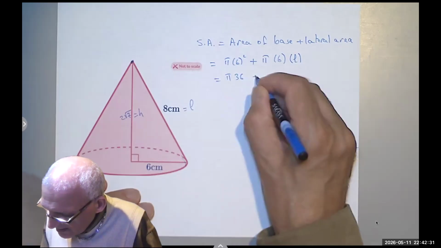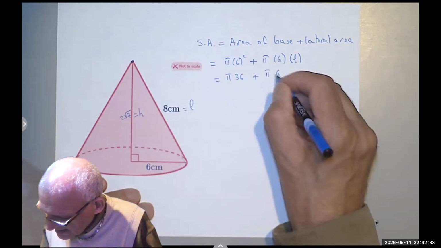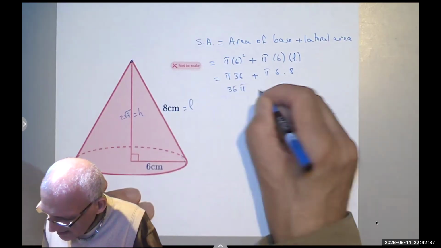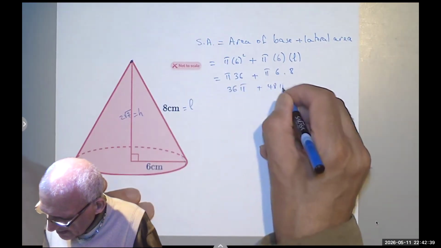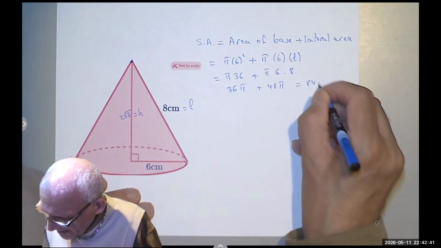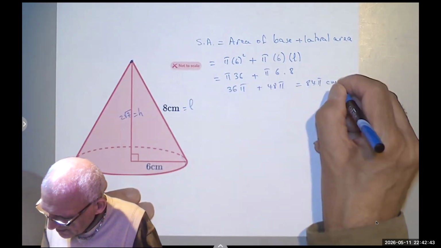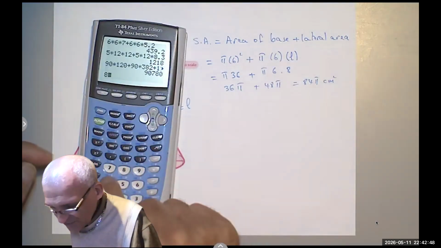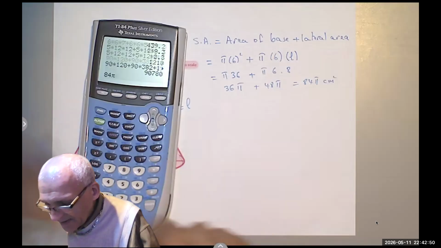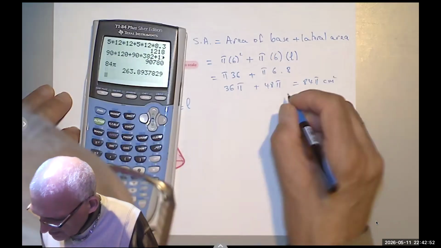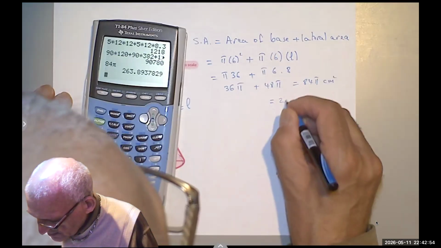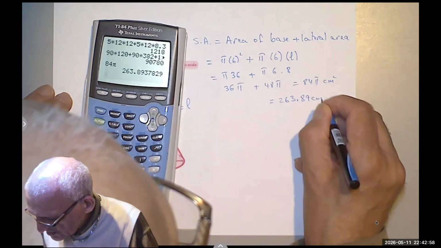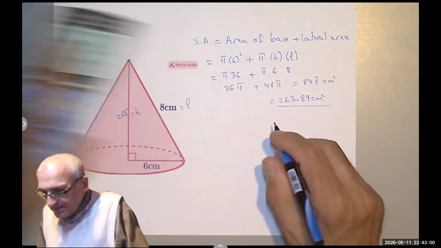The base is 36 pi, and this is pi times 6 times 8. So 36 pi plus 48 pi equals 84 pi square centimeter. If they ask you to evaluate it, all you have to do is multiply by pi. They ask you for 2 decimal places, the nearest hundredth, it becomes 263.89 square centimeter. That's the most important.